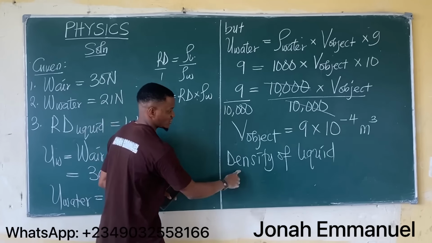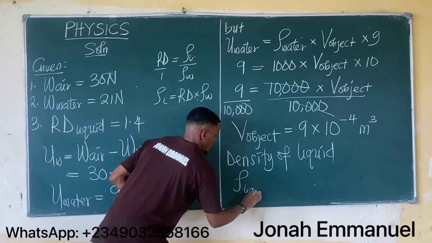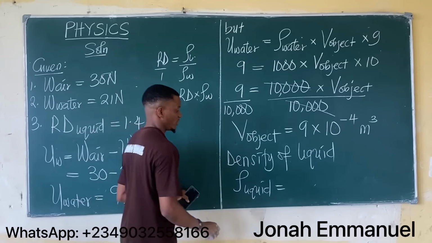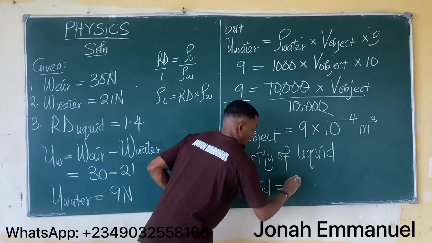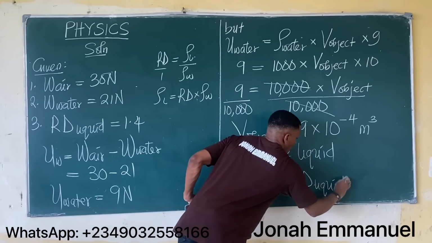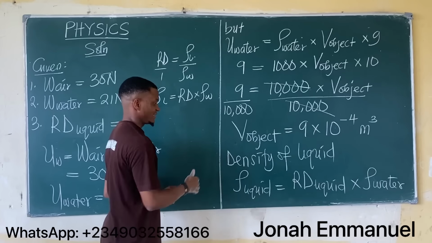So rho liquid is equal to RD liquid, the relative density of liquid, times density of water. So this becomes the formula.